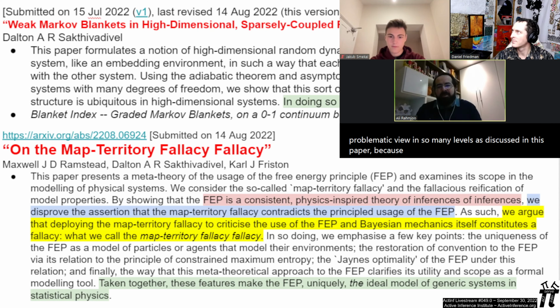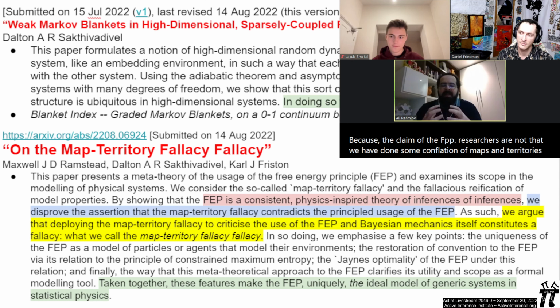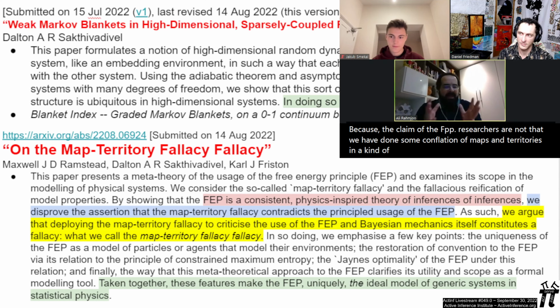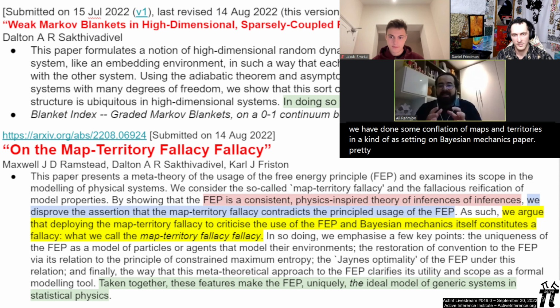The claim of the FEP researchers is not that we have done some conflation of maps and territories in, as said in the Bayesian mechanics paper, a productive language abuse or notation abuse way.